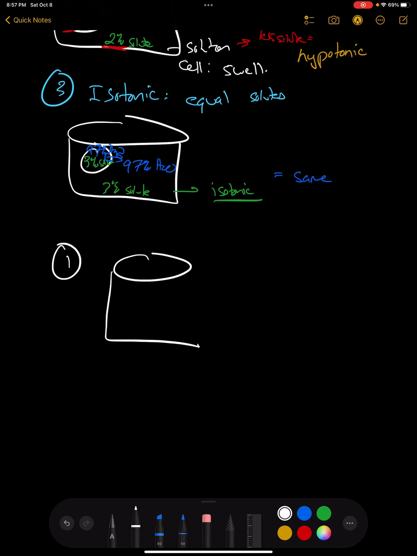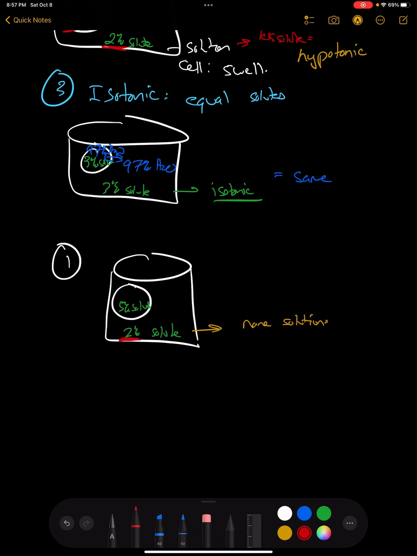All right, here's my solution, here's my cell. Let's say I have 2% solute in here. Let's say I have 5% solute in here. So first thing is I need to name the solution, which means I have to compare my solute concentrations.